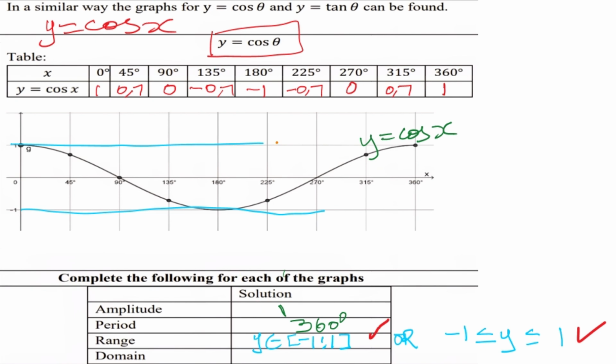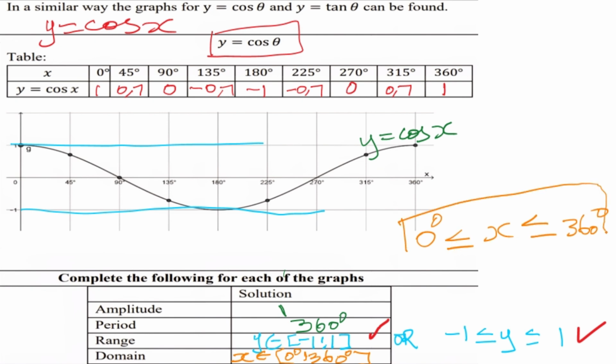So now we need to write the domain. The domain is the value of x. So x is an element of 0 degrees to 360 degrees. If you don't want to write this answer, you can just say x, and then you write 360 degrees, then you write 0 degrees, with less than or equal to signs.